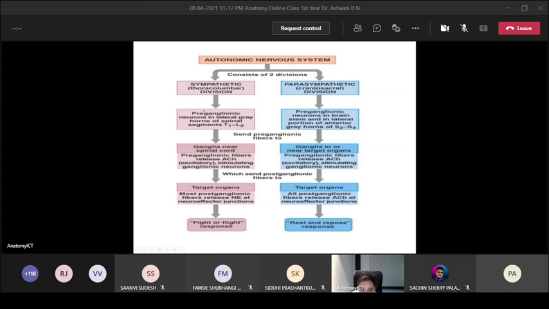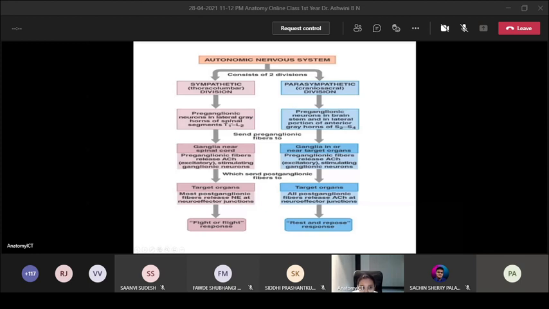The preganglionic neurons originate from the lateral gray horns of the spinal segments T1 to L2, the thoracolumbar part of the spinal cord, and give rise to preganglionic fibers. These preganglionic fibers relay in different parts of the sympathetic chain ganglia.